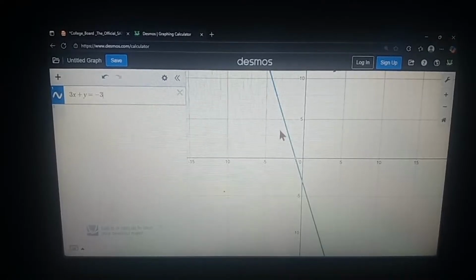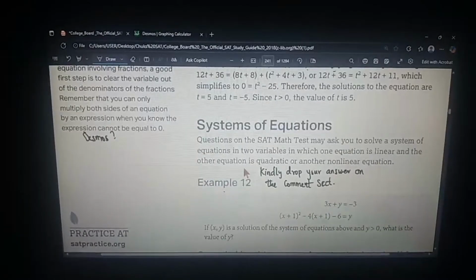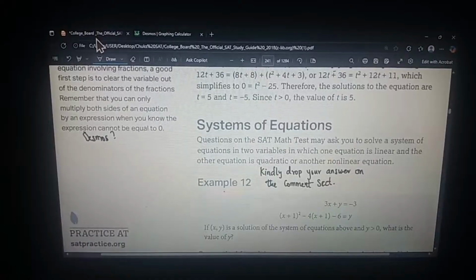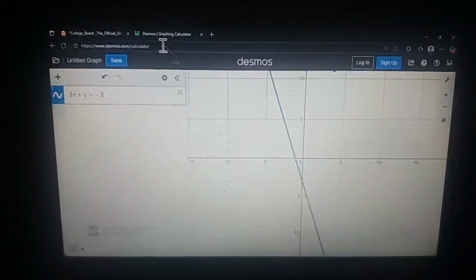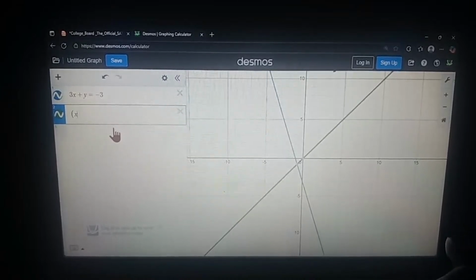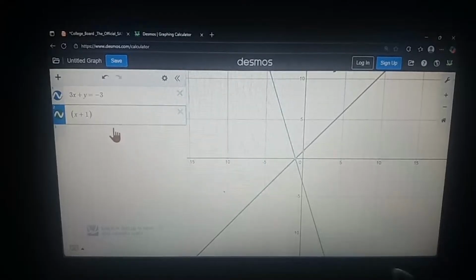Now the next thing you want to do is to put in the other equation. So we have (x plus 1) squared minus 4(x plus 1) minus 6, equal to y. We'll put it in brackets first of all.